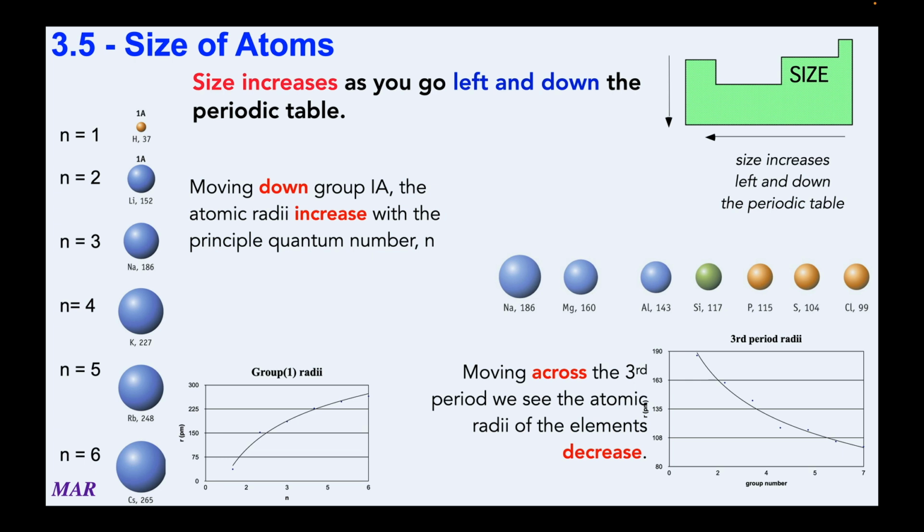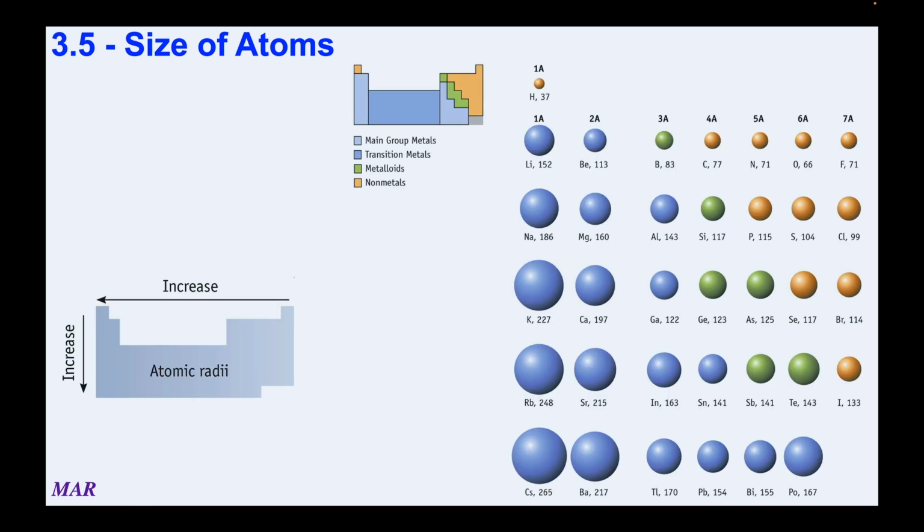You would say sodium, because sodium is more left on the periodic table than magnesium is. And if I asked you which atom was bigger, rubidium Rb or sodium Na, you would say rubidium Rb, because that's more down on the periodic table. And if you know that, that's pretty awesome. That's all we need to worry about.